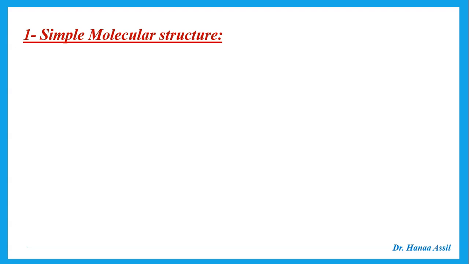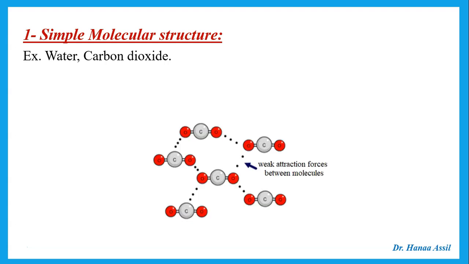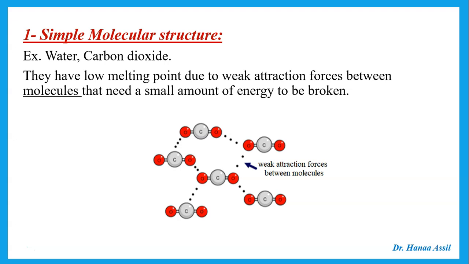Let's talk about different types of structures. We said molecules could be simple molecular structures such as water and carbon dioxide: small molecules with weak attraction forces between the molecules. That means they have a low melting point because they need only a small amount of energy to be separated from each other.